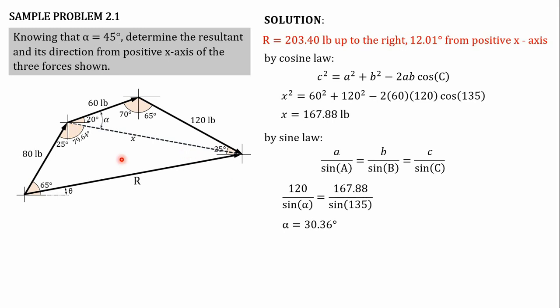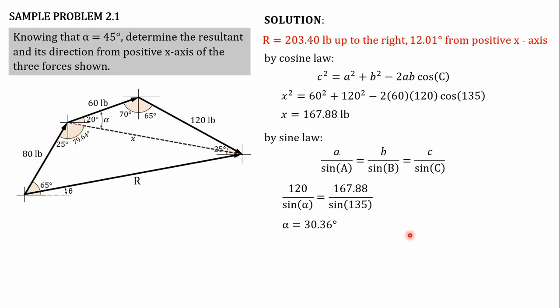So we have an angle here, and we have solved this angle: 25 degrees plus 79.64 degrees. Now we can solve the R by using the cosine law, because we have two adjacent sides and their included angle.